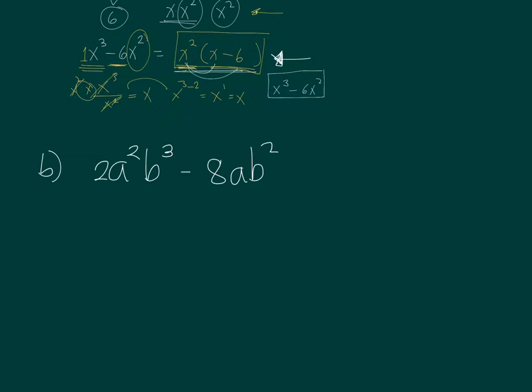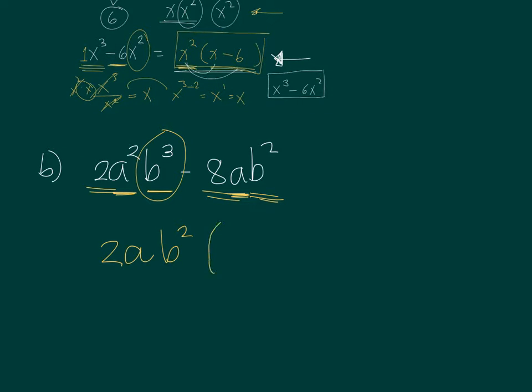If I look at the numbers, I have 2 and 8. The highest common factor for 2 and 8 is 2, meaning that's the highest divisor that you can have for 2 and 8. Then for the letters, a squared and a, the highest common factor must be a. And for the b cubed and b squared, the highest common factor is b squared. Both of them have at least b squared.